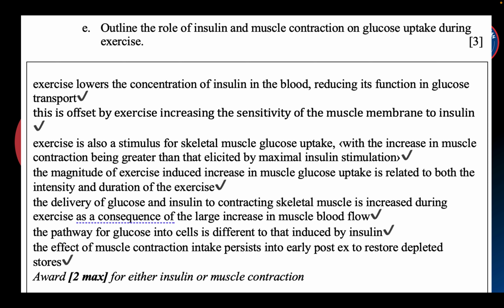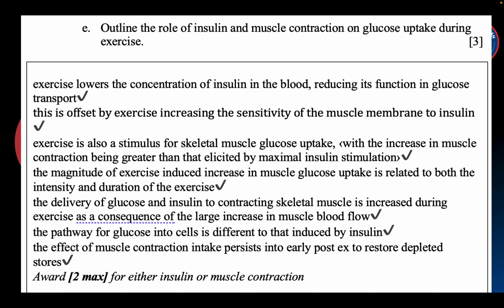Here we go. There's a question. Outline the role of insulin and muscle contraction on glucose uptake during exercise. So exercise lowers the concentration of insulin in the blood. Good. Offset by exercise increasing the sensitivity of the muscle membrane to insulin. Happy days. Exercise is also a stimulus for skeletal muscle glucose uptake.